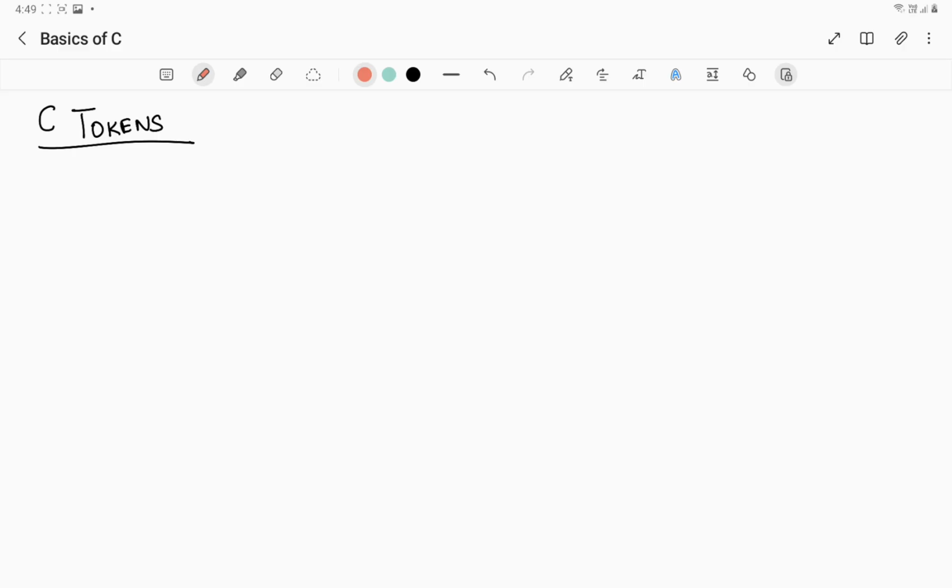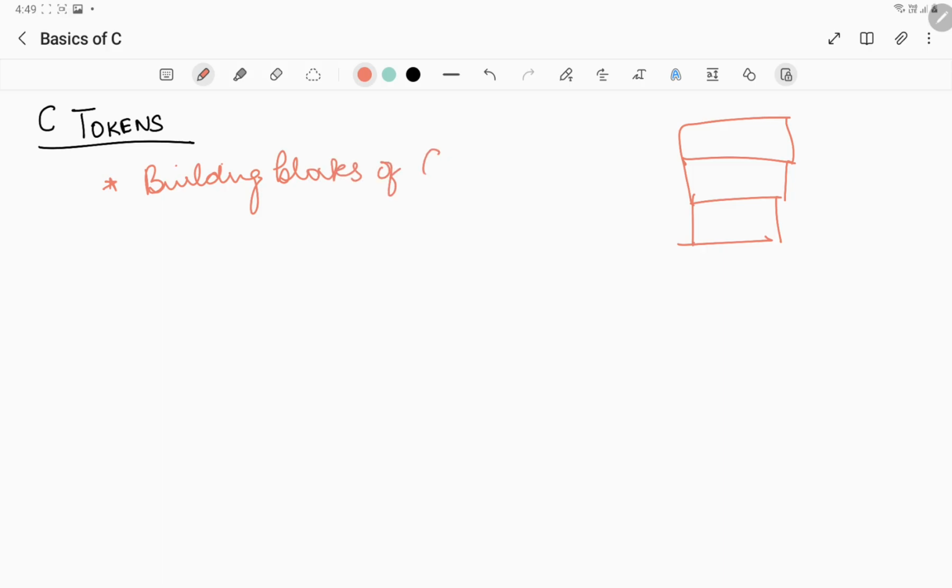Alright, so what are C tokens? C tokens are basically the building blocks of the C language.